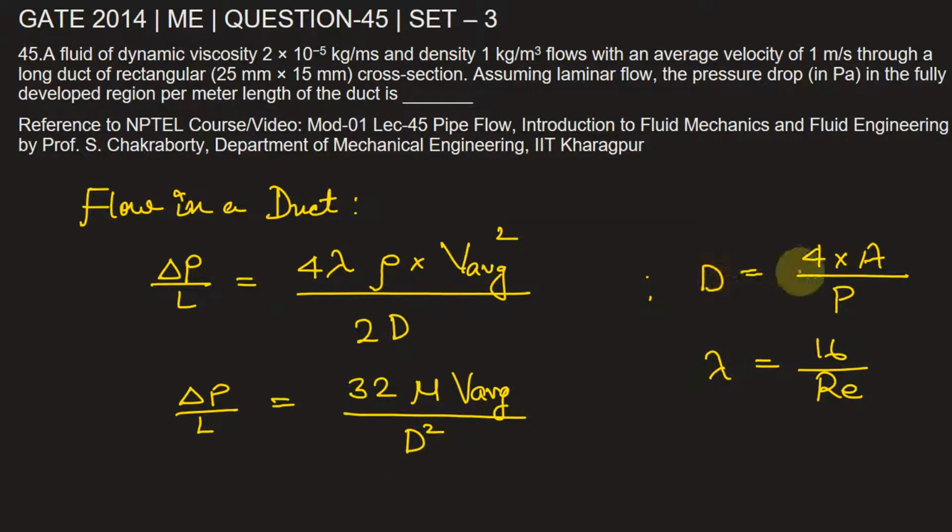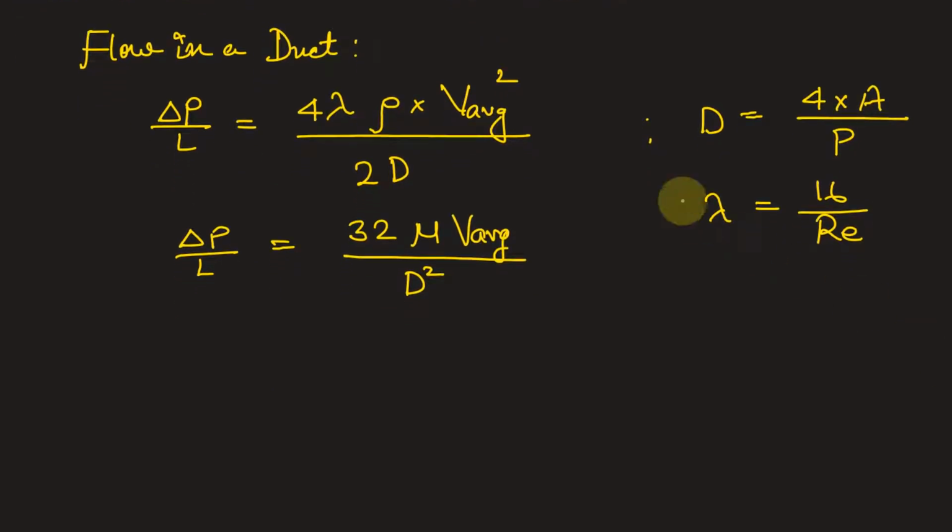d is a parameter which is 4 times the area divided by the perimeter of the duct. So let's calculate all the values one by one. Let's first calculate the value of d. So d is equal to 4 times the cross sectional area divided by the perimeter.